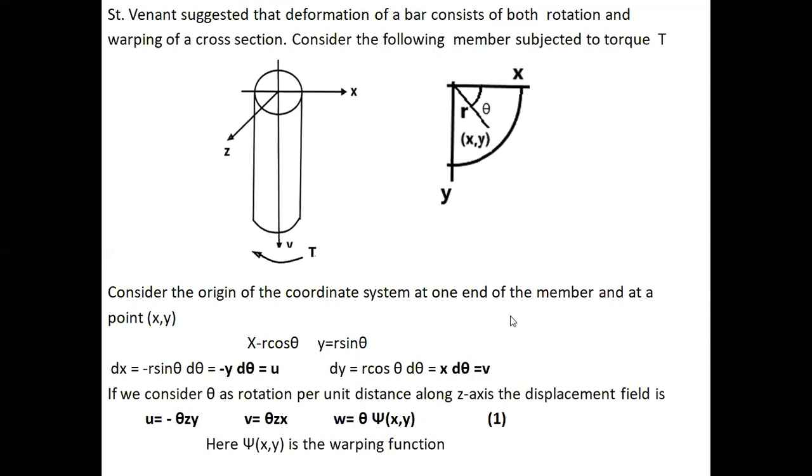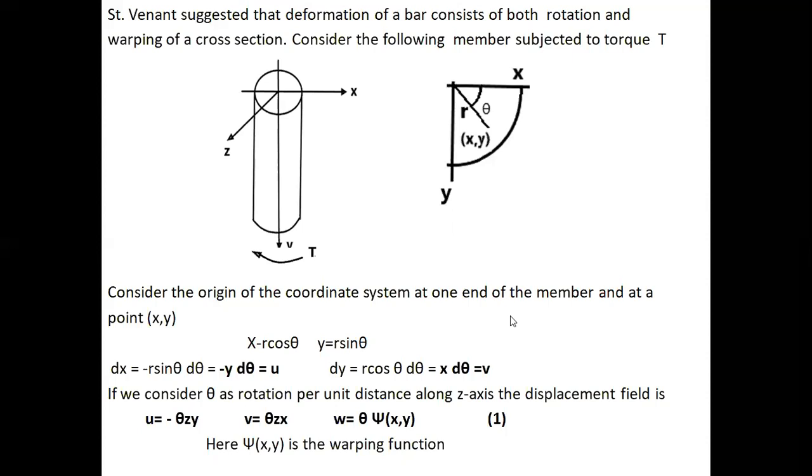So u, the displacement in the x direction, is minus y d theta. Similarly, we can differentiate y, and dy is equal to r cos theta d theta, that will be x d theta, and that is equal to v. So the displacement v is equal to x d theta.